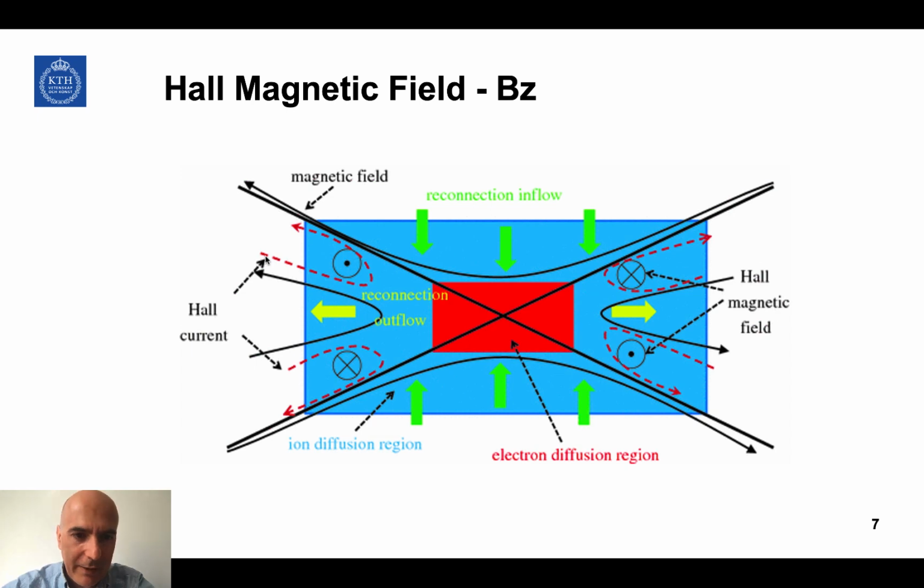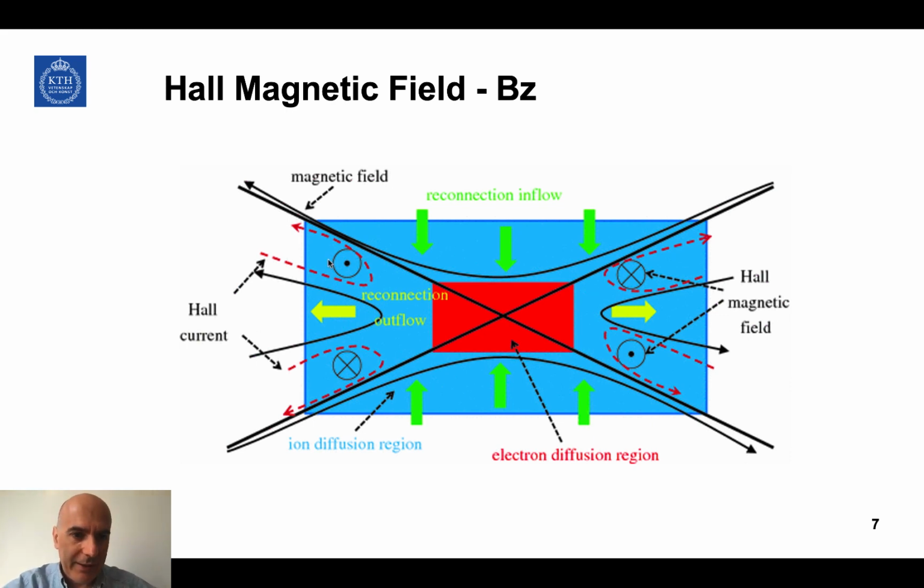So let's look at this part of the plot. We have this current going in this direction that is going to create a magnetic field out of plane. On the bottom in this cartoon figure we have a current going in the opposite direction, so it creates a magnetic field that is going in.